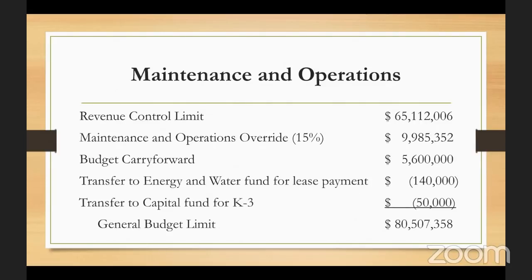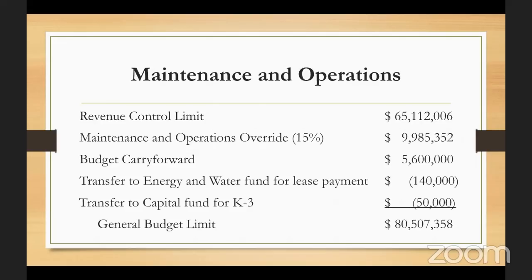So once that information is put into the formula, our revenue control limit is $65 million. We add in our maintenance and operations override, the 15%. That amount is actually based on prior year enrollment, not current year. So that's one of the little tweaks in the M&O formula, is this is based on prior year average daily membership.